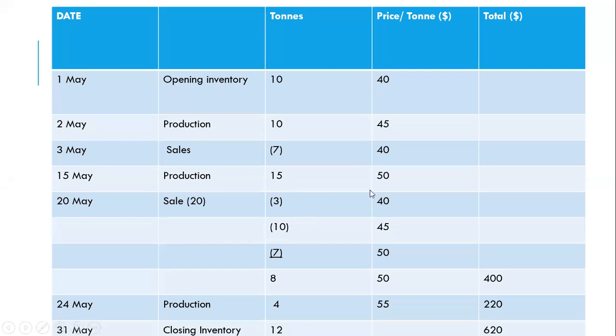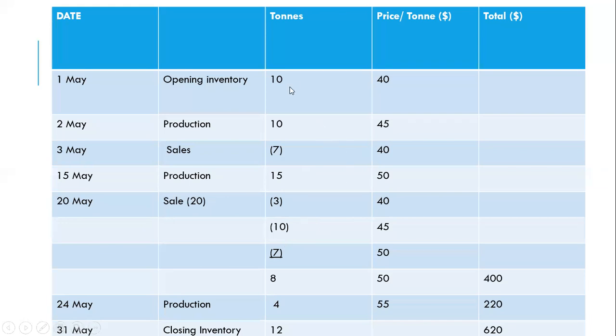at $50 per ton. Now, on the 20th May, there was a sale of 20 tons. This is where it becomes very interesting and we have to be very careful. You can see here, I put 20 at the side, then I broke the 20 into 3 sets.